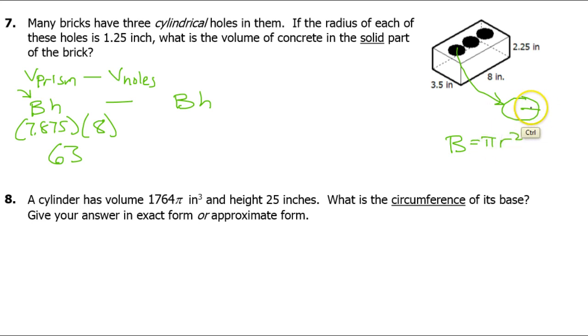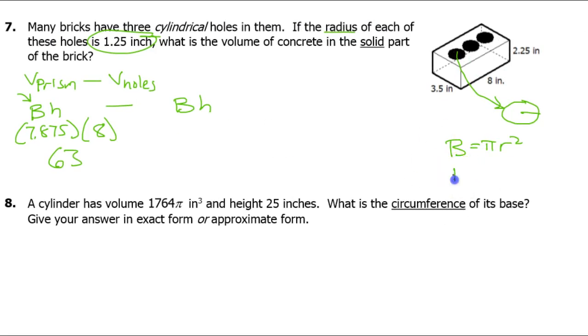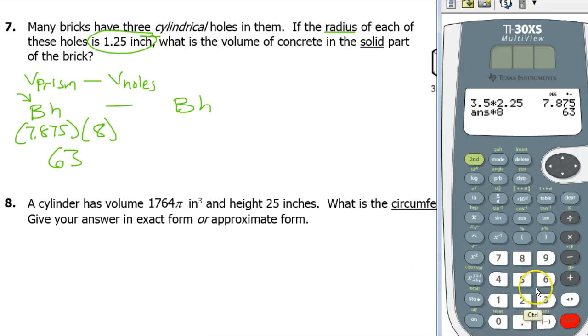But what's the radius going to be? Well, they told us that. The radius of each of the holes is 1.25 inches. So that means the area of each of these bases is going to be pi times 1.25 squared.